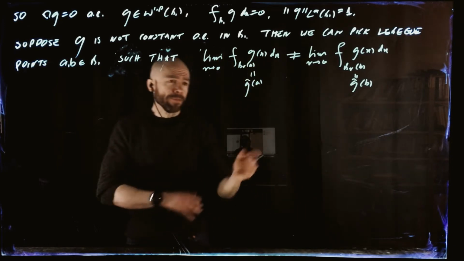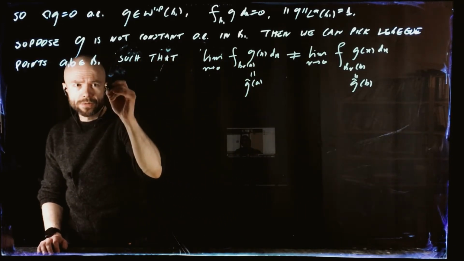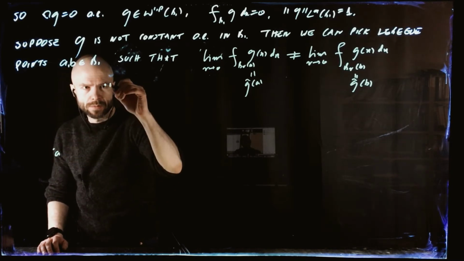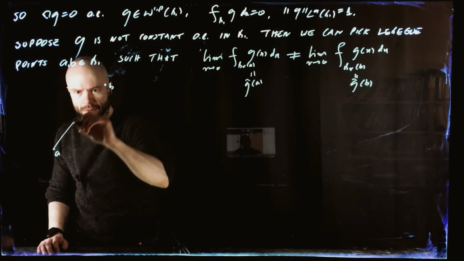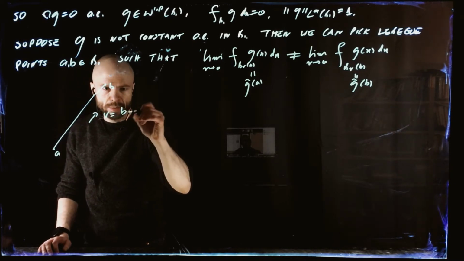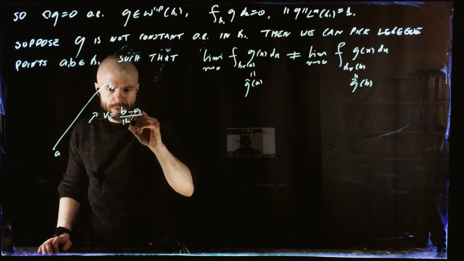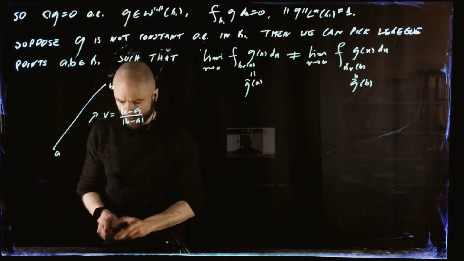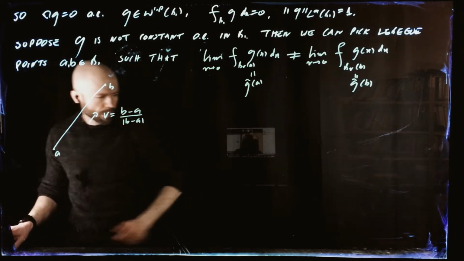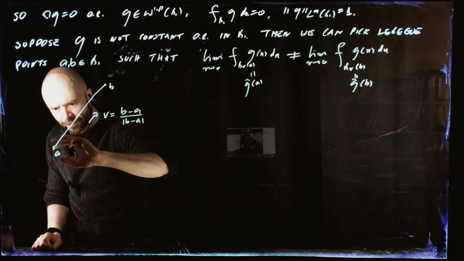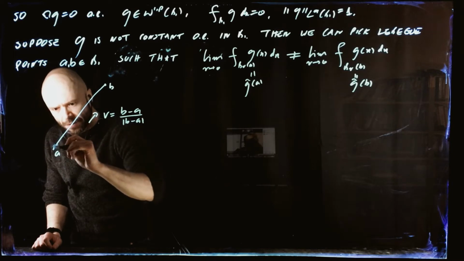So, if that's the case, then let's draw a picture. This is A, this is B. And we have a direction, let's call it direction v, which is (B minus A) over |B minus A|. Then let's create a test function that lifts off in this direction.